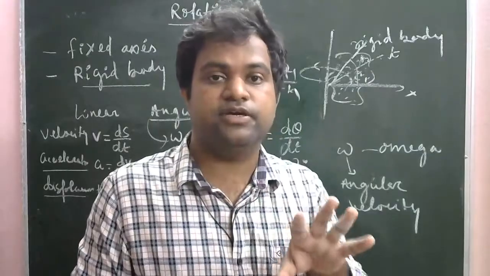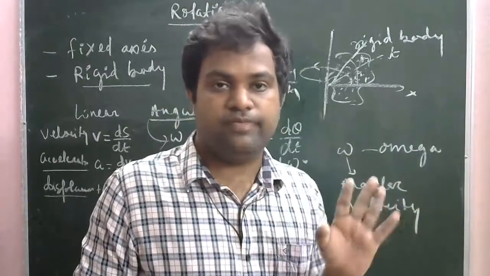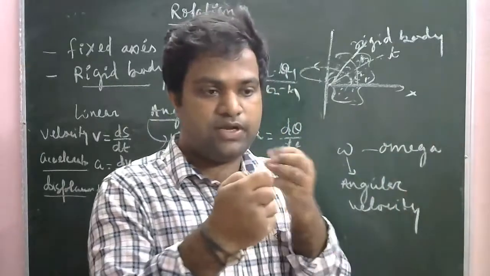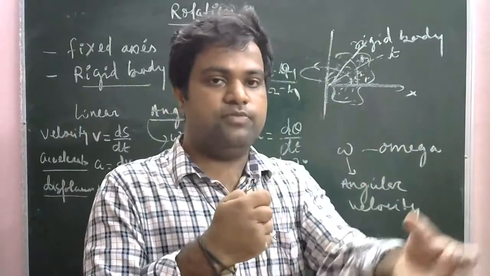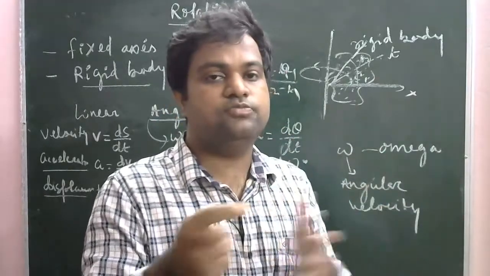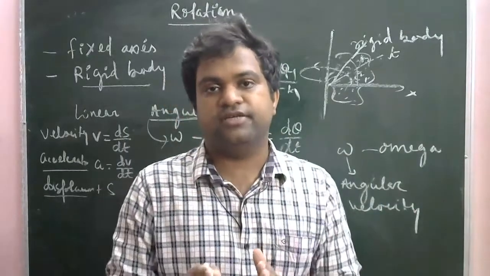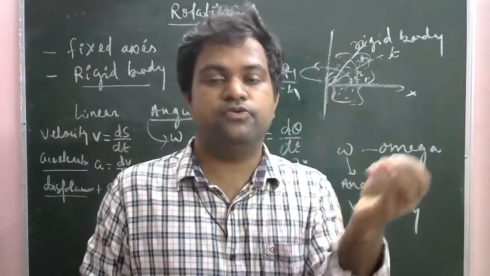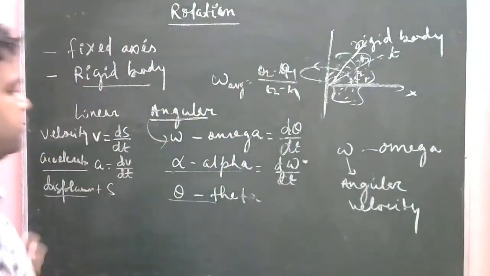This is the concept of a rigid body. If it is not rigid, this will not hold. For a gas, some part may move with omega 1, other particles with omega 2, some part with omega 3; they will not move with the same angular velocity. So for the object to be rigid, all the particles must move with the same angular velocity. This is the concept of angular velocity.